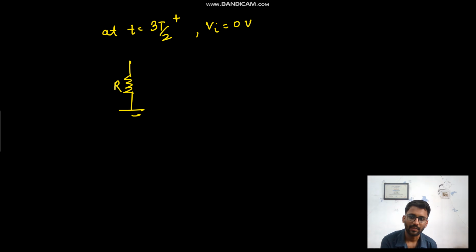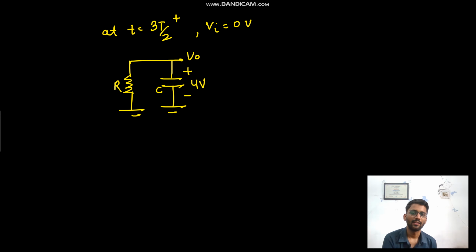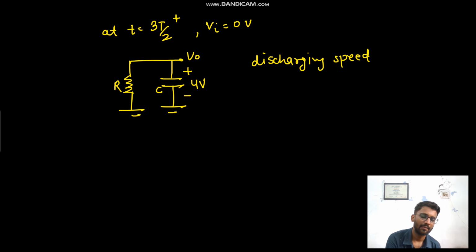So this is R. Now your Vc is at 4 volt, or you can call it C. Now the discharging speed, that is minus I, is 4 by R, which is more than the previous cycle, right?